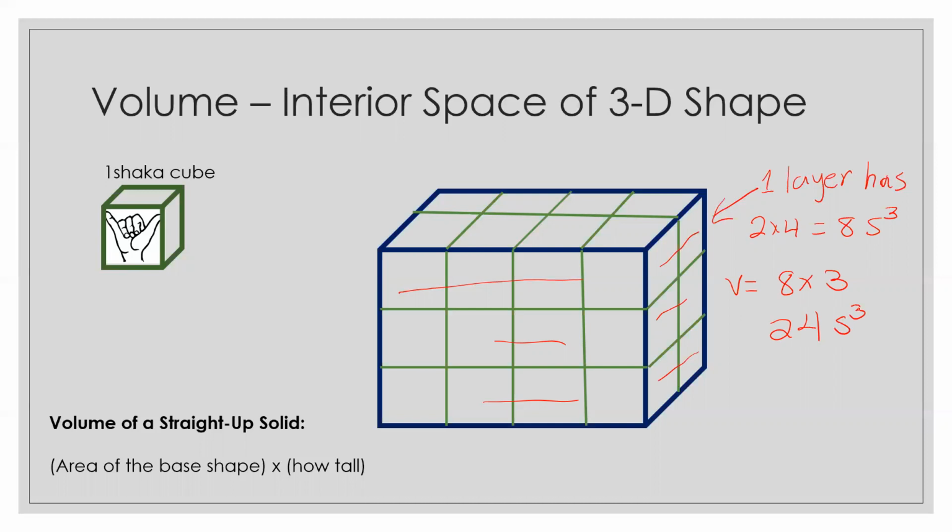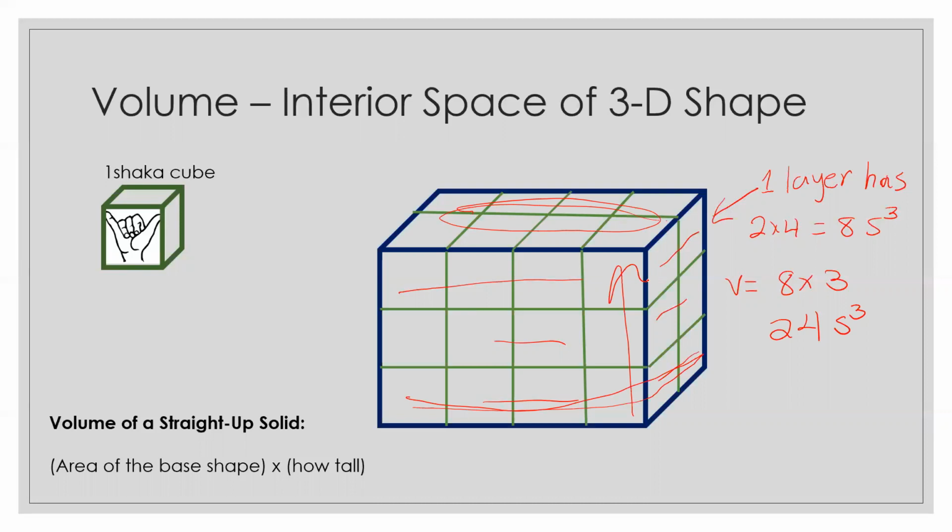Okay, so the volume of a straight up solid, this is what I call a straight up solid, meaning the base is exactly the same as the top here. So the volume is just stacking the same shape straight up. All right, so that's how we calculate volume.